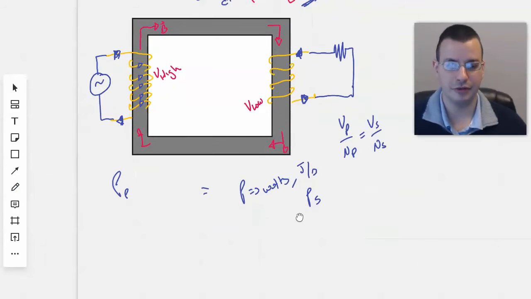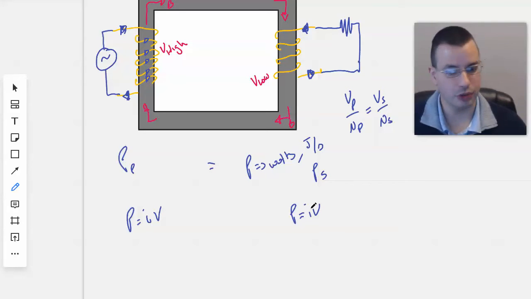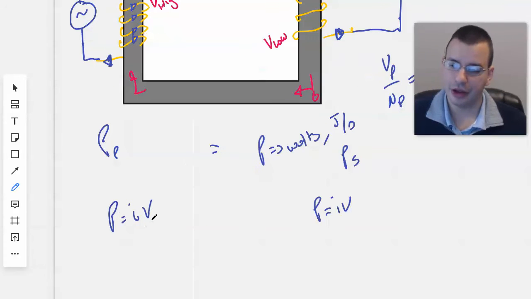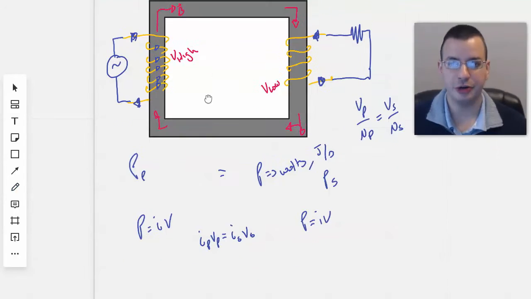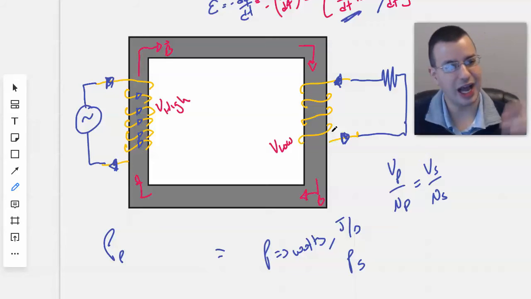So even if your voltage goes up or down, I'll say power equals IV, power equals IV, which is one of the formulas we knew. Then your current primary times voltage primary will equal current secondary times voltage secondary. So you could have high voltage, low current go over to low voltage, high current.